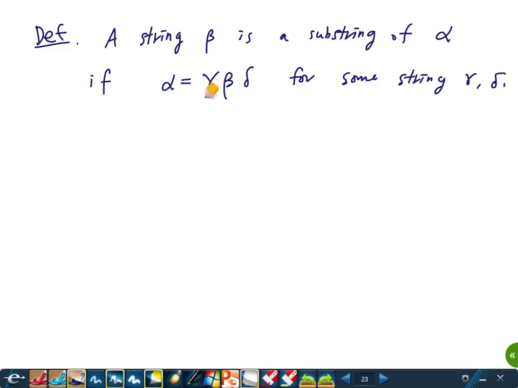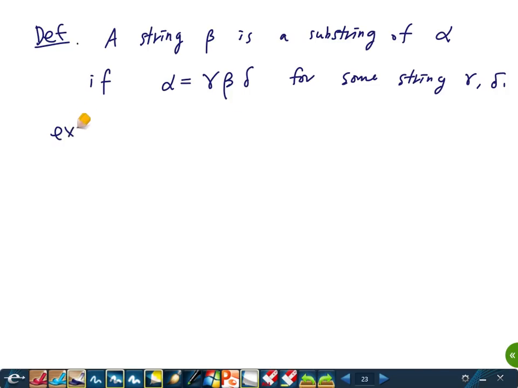So it must be a consecutive string in alpha. If you can find exactly this beta in your alpha consecutively, then it's called a substring.